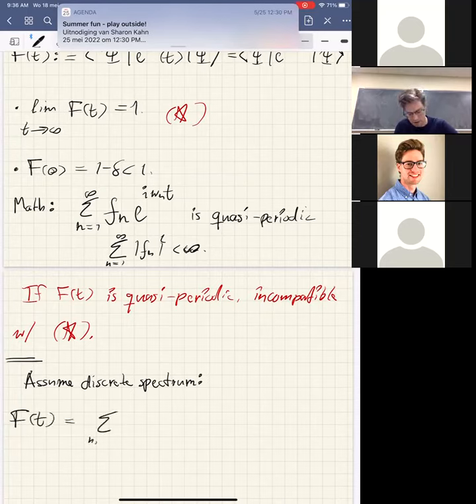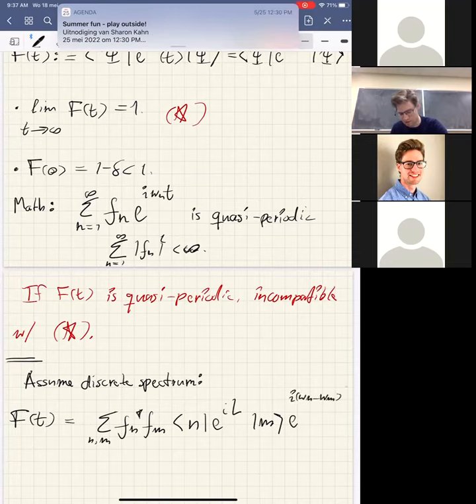We now expand this in energy eigenstates. So we have some particular coefficients f_n star f_m, e to the i l m, times e to the i (omega_n minus omega_m) t.